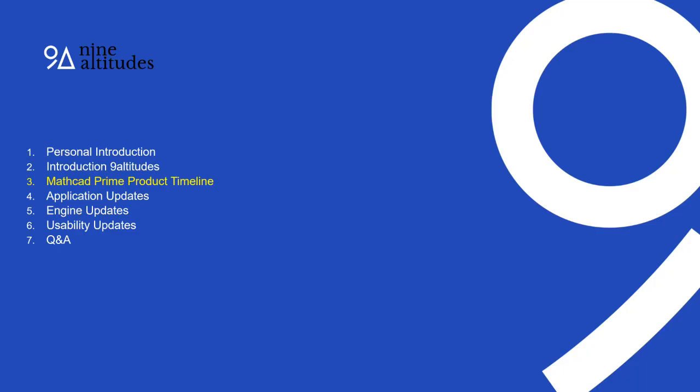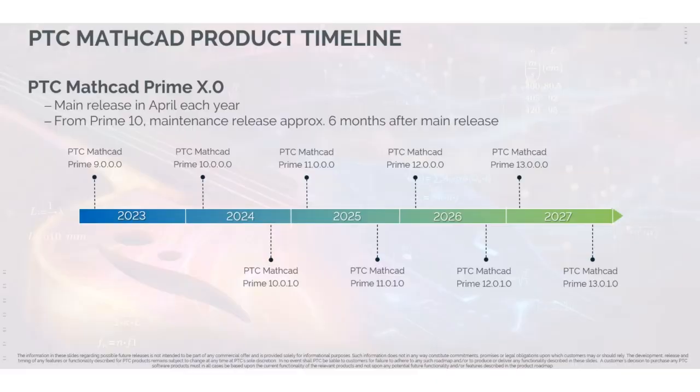First of all, a short sneak peek at the Mathcad product timeline. Starting from version 10, there are 2 releases a year. That means a new product, such as now with 11, is introduced in the spring, and later in the same year, in the fall, there is a short upgrade.